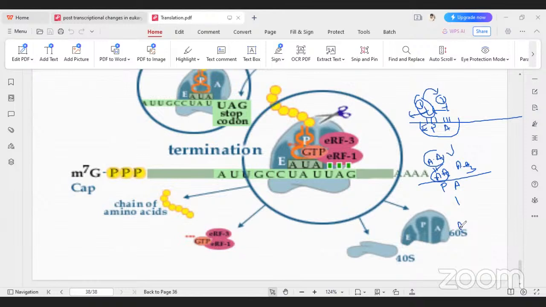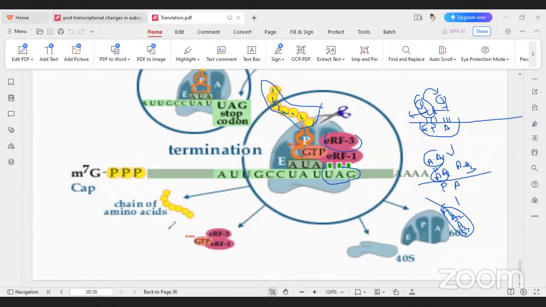This keeps continuing, with a peptide bond formed each time, and the growing chain is called a protein, amino acids 1, 2, 3, 4, 5, 6. When it reaches the UAG codon, with the help of release factor 3, it cuts the protein strand. Is it clear?